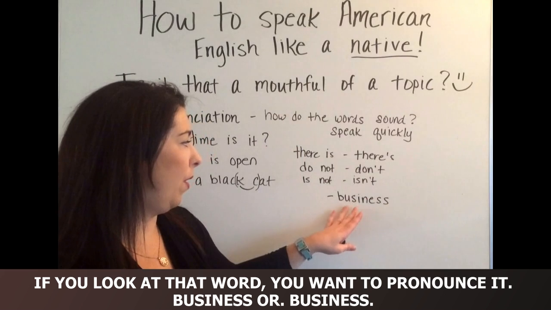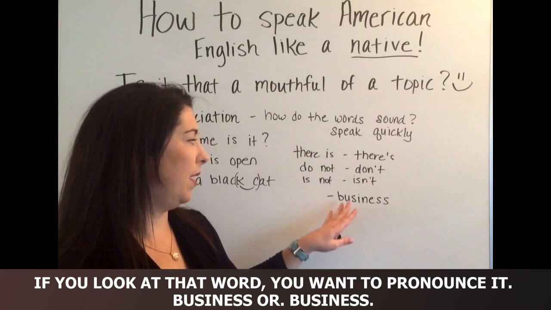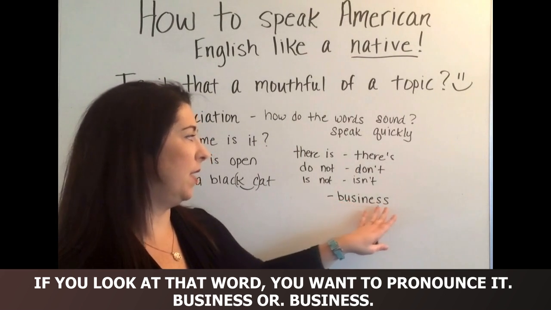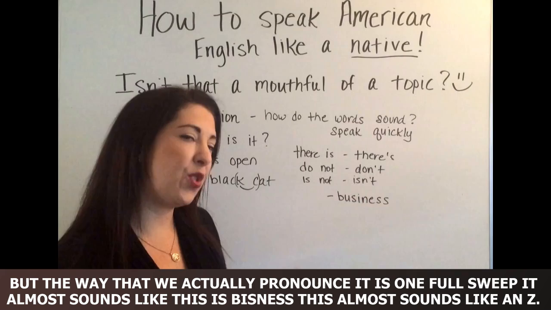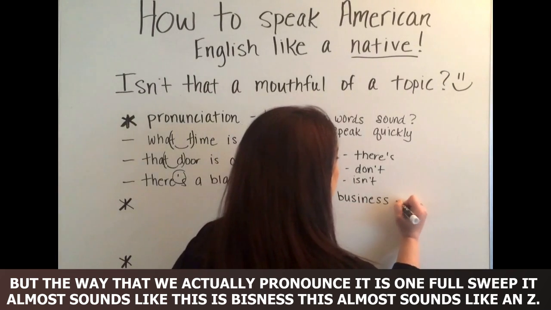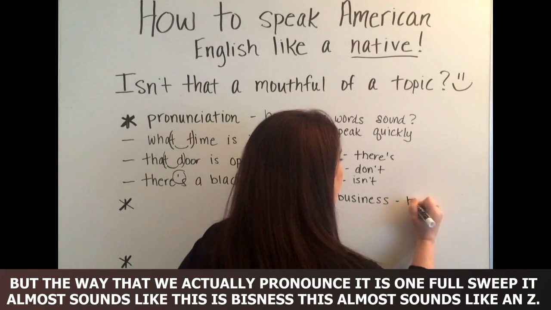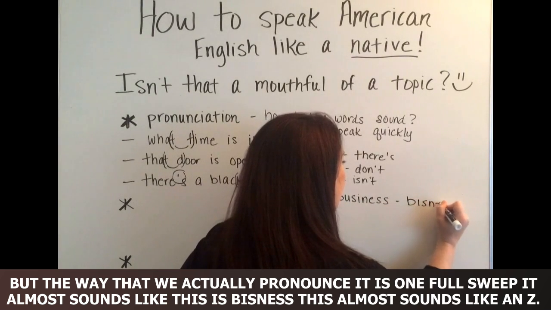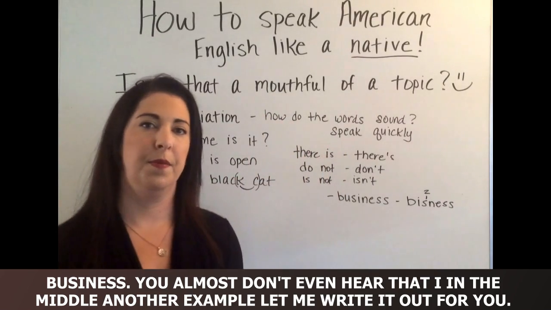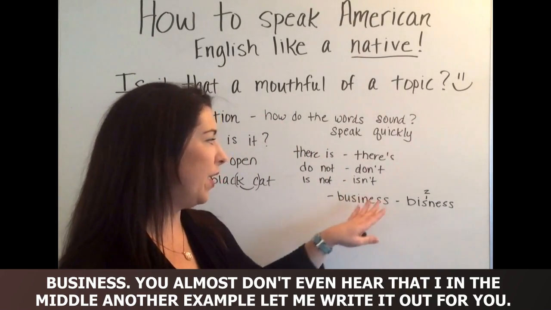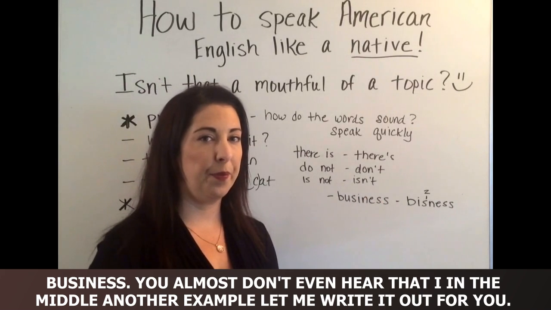If you look at that word, you want to pronounce it "busyness" or "business." But the way that we actually pronounce it is one full sweep. It almost sounds like this: business. This almost sounds like a Z. Business. You almost don't even hear that I in the middle.